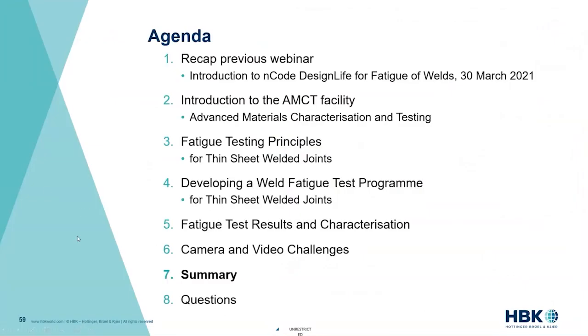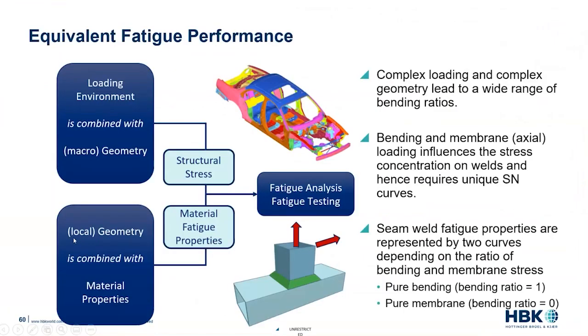Okay, as a quick summary and then some questions. The primary thing we have to do is identify that equivalent fatigue performance. So getting a loading environment combined with a macro geometry for the structural stress and a local geometry combined with material properties for the weld fatigue properties, and being able to separate those out as a bending SN curve and a membrane SN curve.